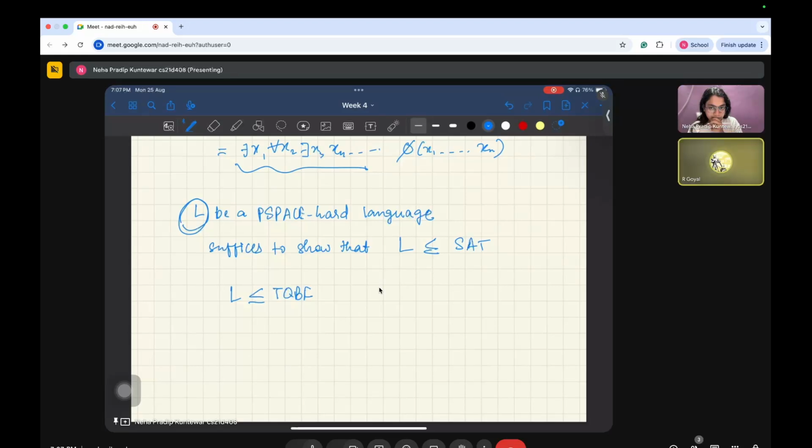Or rather, this should be in the reverse direction: since L is P-space hard, TQBF can be reduced into this problem L, and then we can remove all those existential or universal quantifiers, and then this TQBF will become SAT, and then we can show that. But this direction is what we are using, because this is part 1 and this is part 2. Sorry, this should be in the reverse direction.